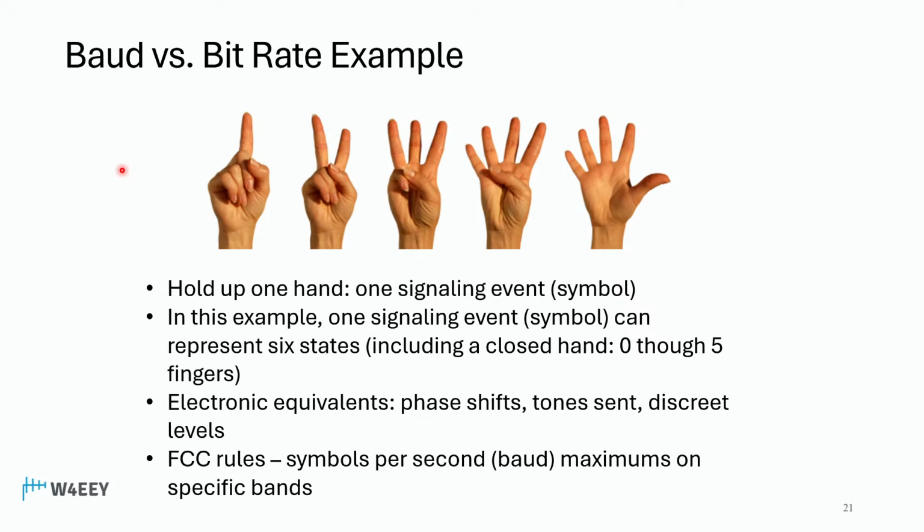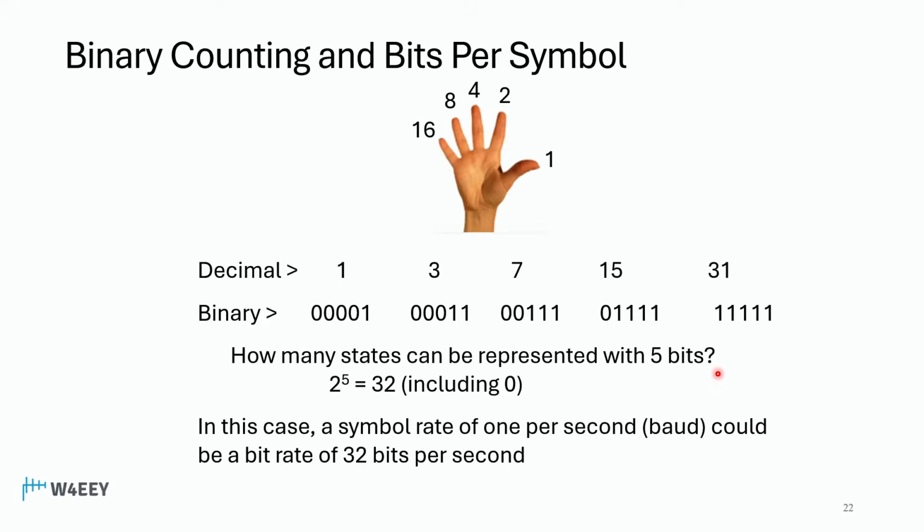Now we're going to make this get a lot more complicated in the next slide. And you can just kind of let this pass. There aren't any pool questions about it, but you might be wondering how 5 bits can be used in practicality. Well, here's a finger, and we've assigned values to each one: 1, 2, 4, 8, and 16. So here's some decimal numbers, and this is the binary equivalent.